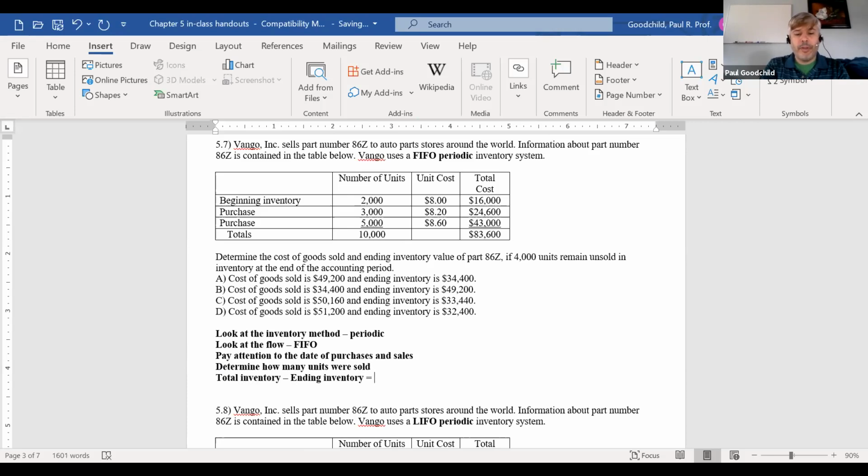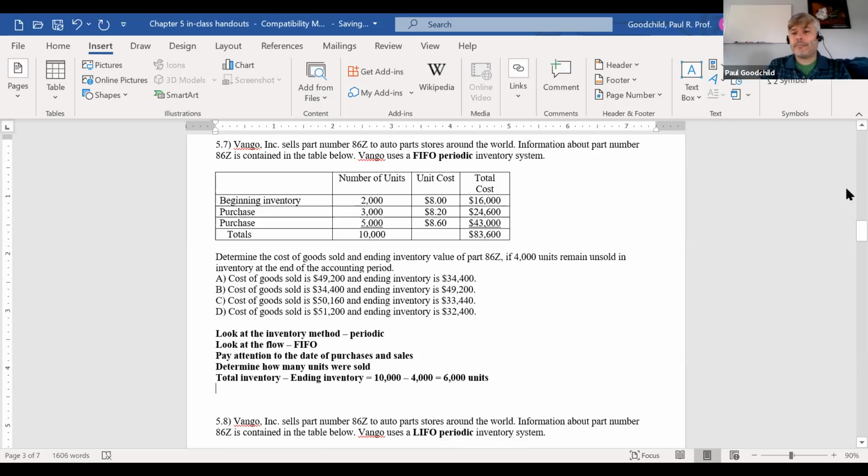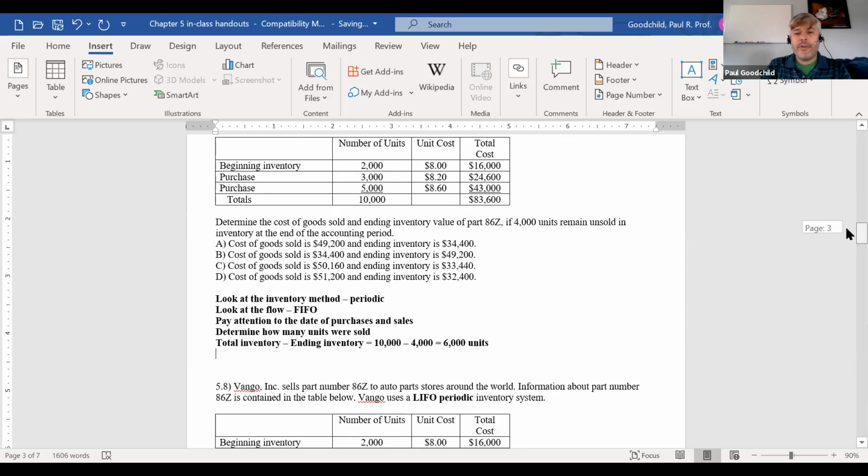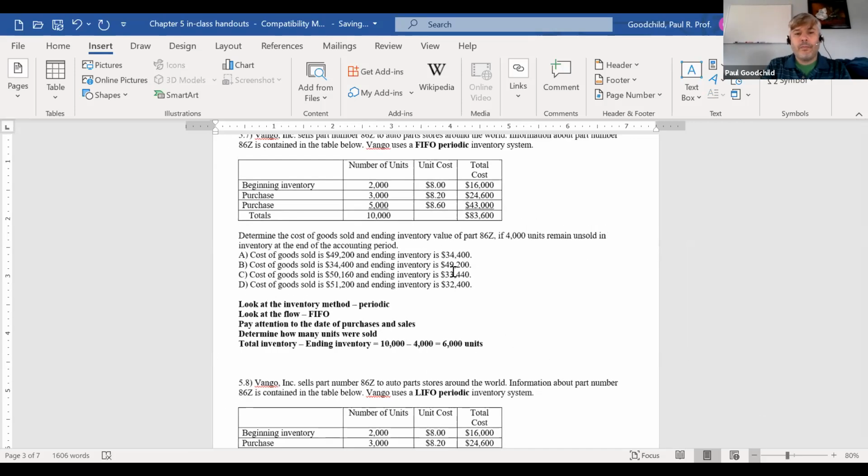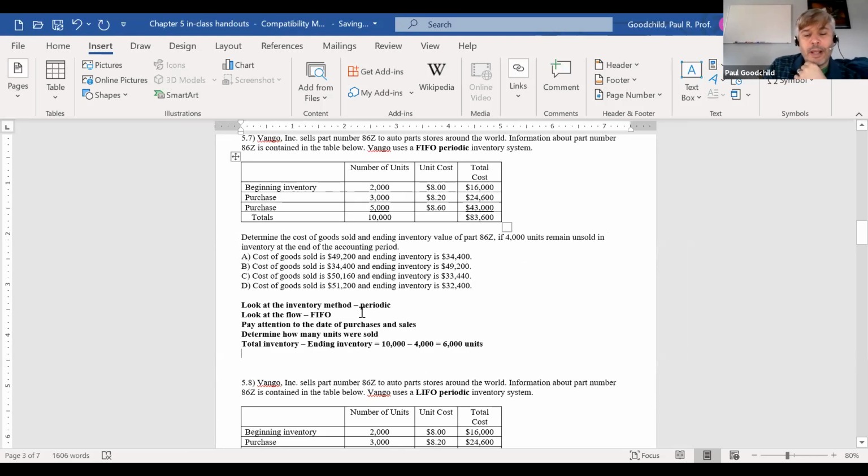And we end up with 10,000 minus 4,000, and that equals 6,000 units. So with the first in, first out, we're going to go back and now count the batches that are going to apply.